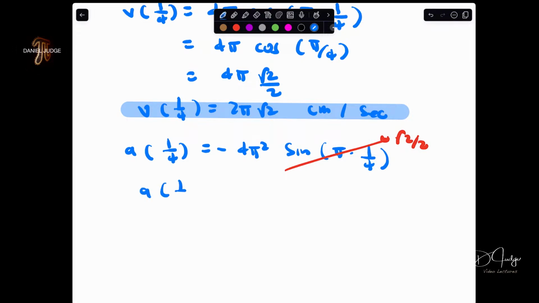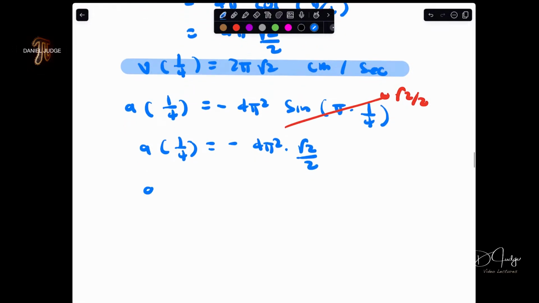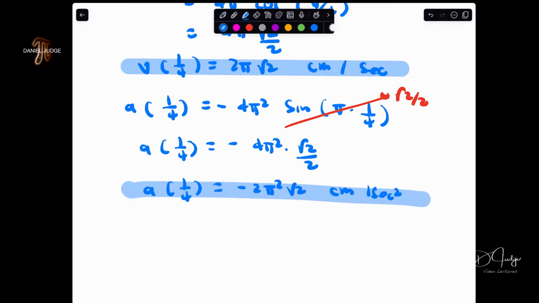So we can answer this question. Negative 4 pi squared times the square root of 2 over 2. So my acceleration when t is 1/4 is negative 2 pi squared square root of 2 centimeters per second squared. Okay. Plugging in the values.